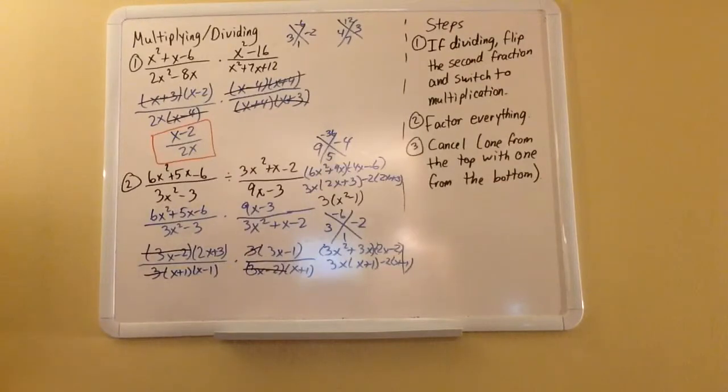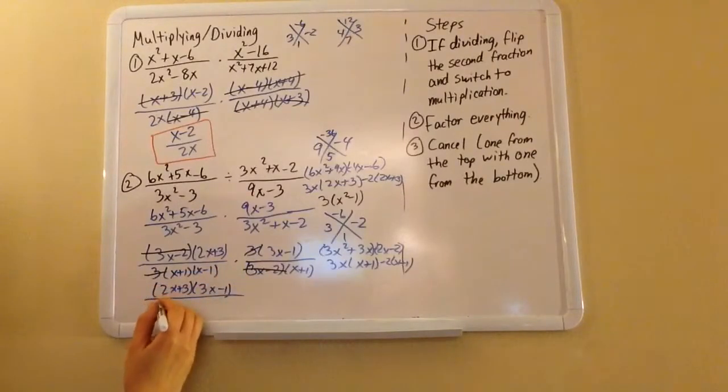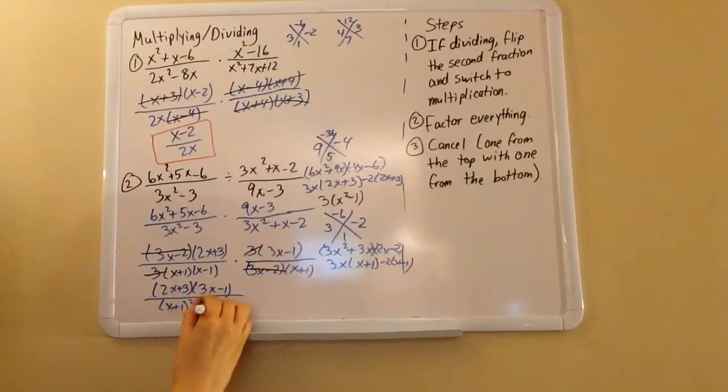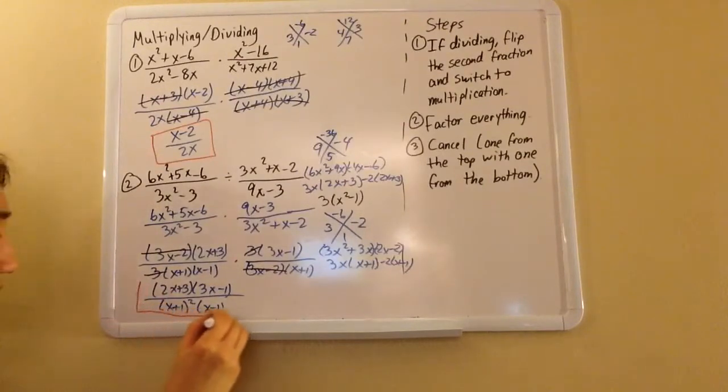So in total, on the top, I have this 2x plus 3 times 3x minus 1. And on the bottom, I have this x plus 1. I have 2 of them, so I'm going to make that squared. And then x minus 1 here. Let me box it in red here, to highlight that for you. So this is my final answer there.